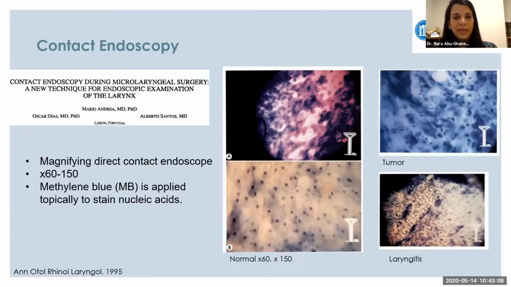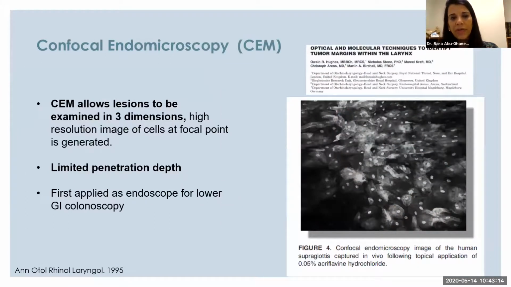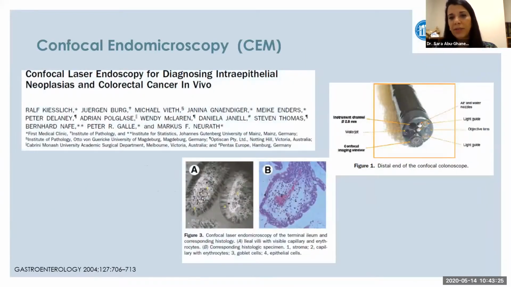Another two tools that are described in your Cummings textbook are the contact endoscopy and confocal endomicroscopy. Again, very nice tools to see 3 dimensions and very high resolution images, but not really in use.